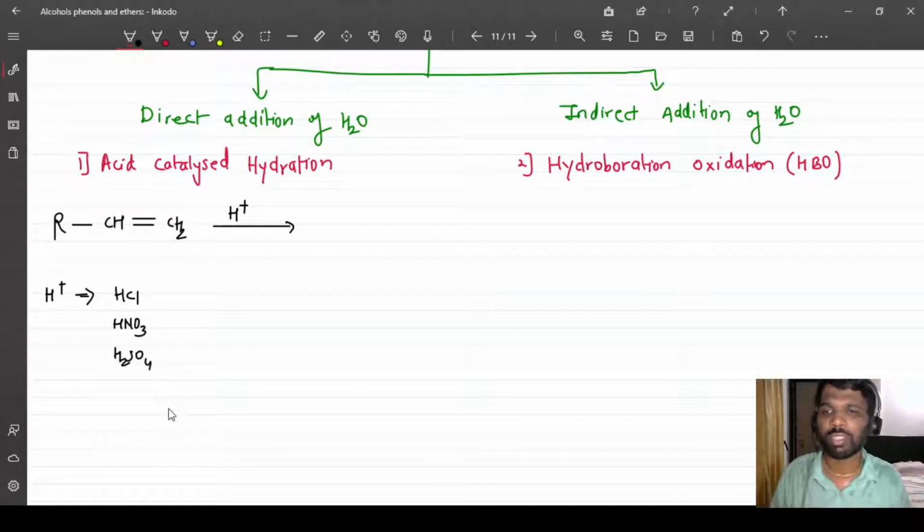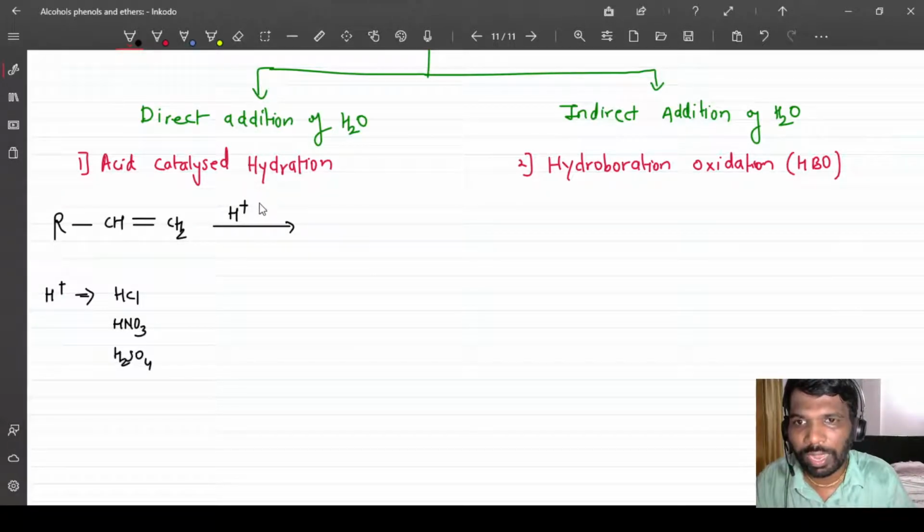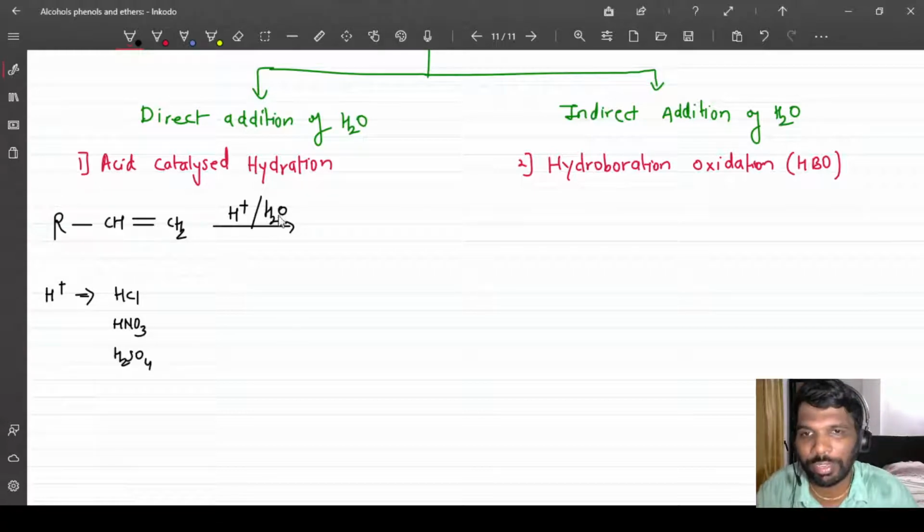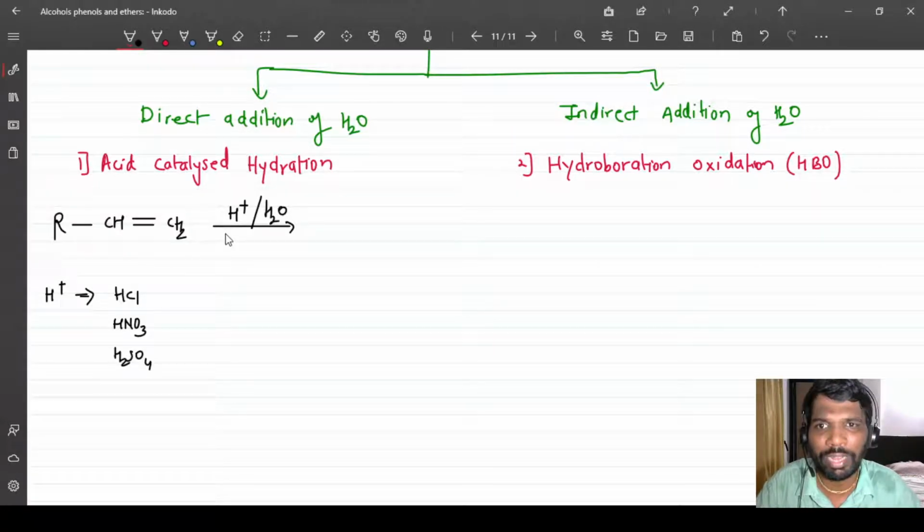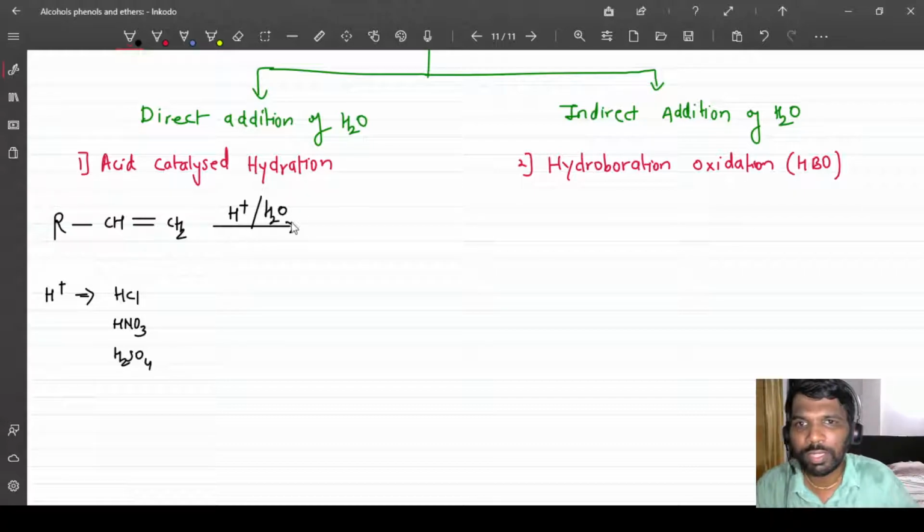Sometimes they will mention all these things, but many times it will just be written as H plus, in the presence of water. This is what the hydration is. This is acid catalyzed, meaning here the acid is acting as the catalyst, to speed up the reaction. The mechanism part I'll do later separately, but comparing both these reactions will be better for us to understand. Now in this case, if I want to write the product, it will follow Markovnikov's rule.